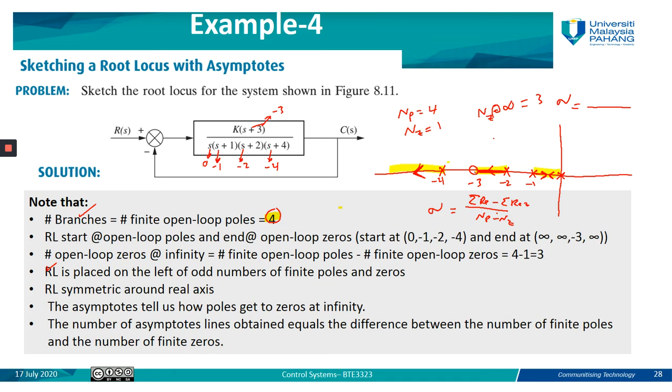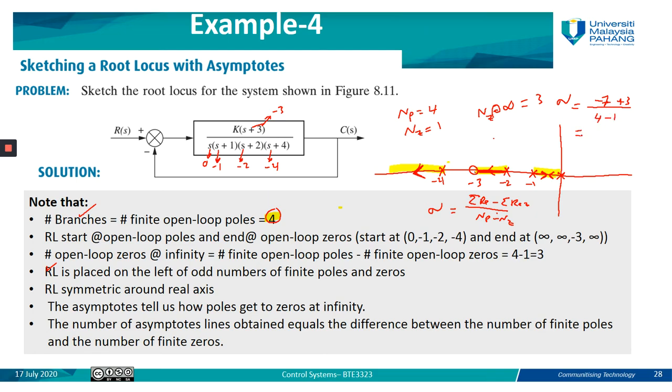We have four poles, all real. If we add them, we have -1, -2, -4, so the total is -7. Then minus the summation of the real part of zeros. We only have one zero and it is real, located at -3, so it will be minus (-3), or +3. All over the number of poles, which is 4, minus the number of zeros, which is 1.